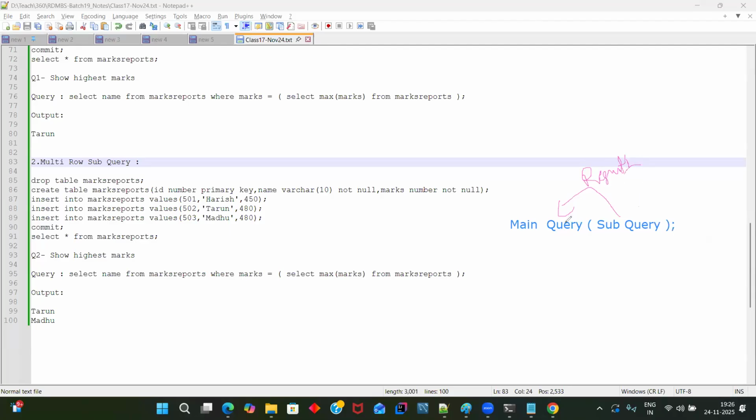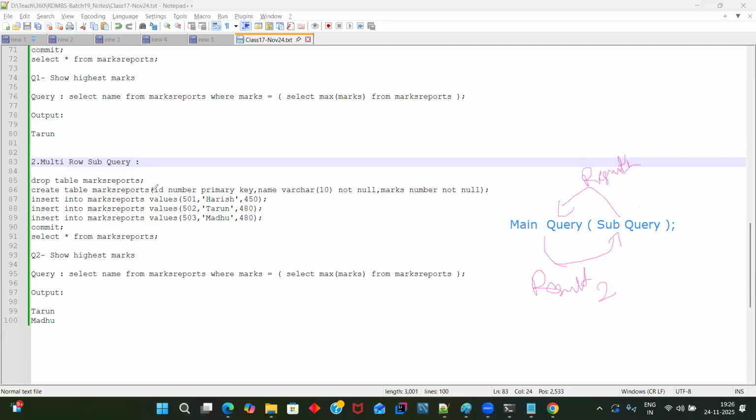Result one is given to the main query, and the main query takes this result one and executes. After its execution is done, it also gives some result two, and result two is given back to your subquery, guys.